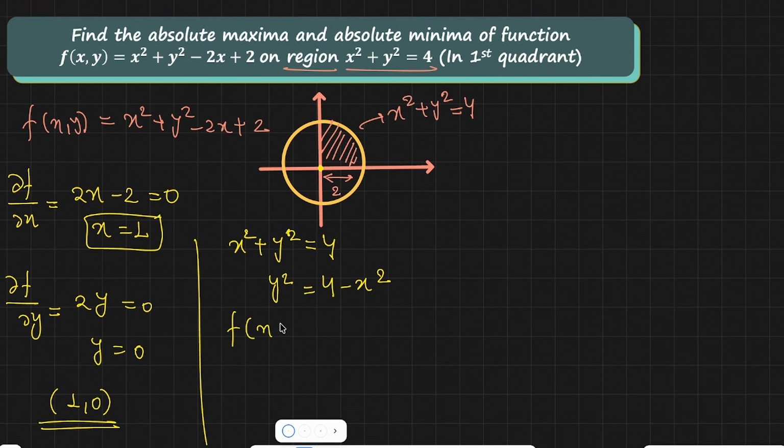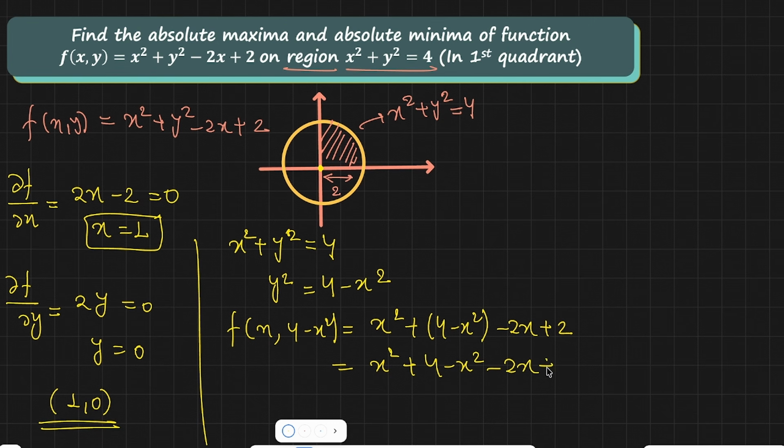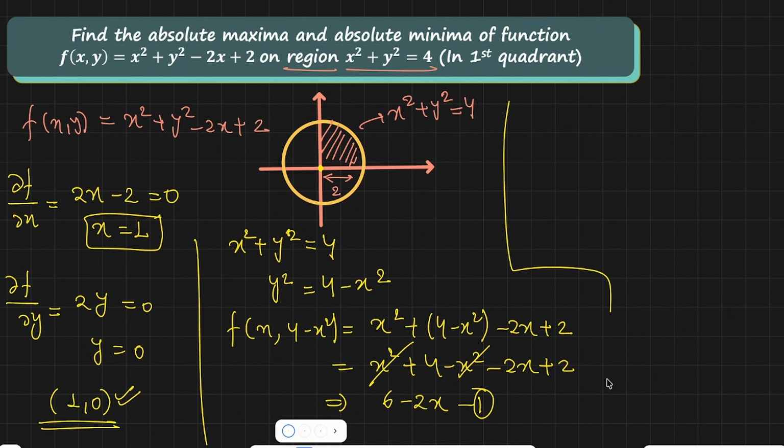So it is x square plus 4 minus x square minus 2x plus 2. This will get cancelled. This will be 4 plus 2, so this will be 6 minus 2x. This is equation number 1. This is one of the critical points. You can find out the critical point like this also.